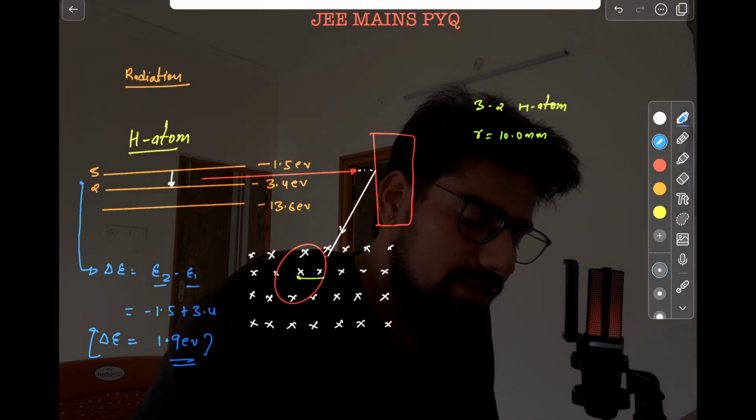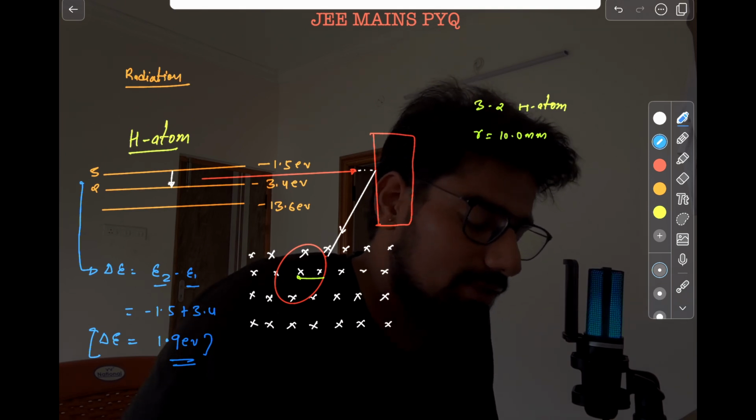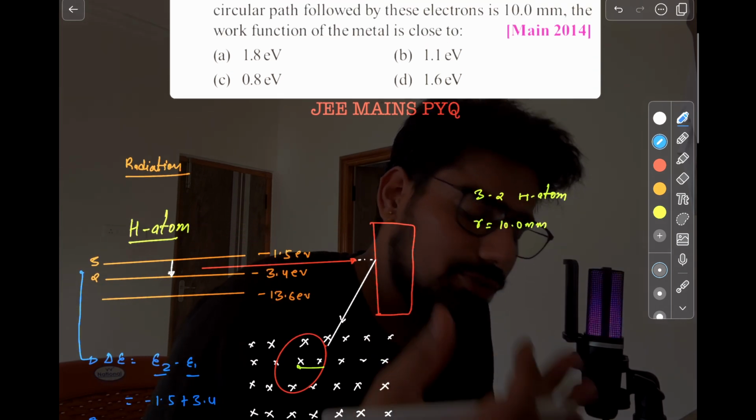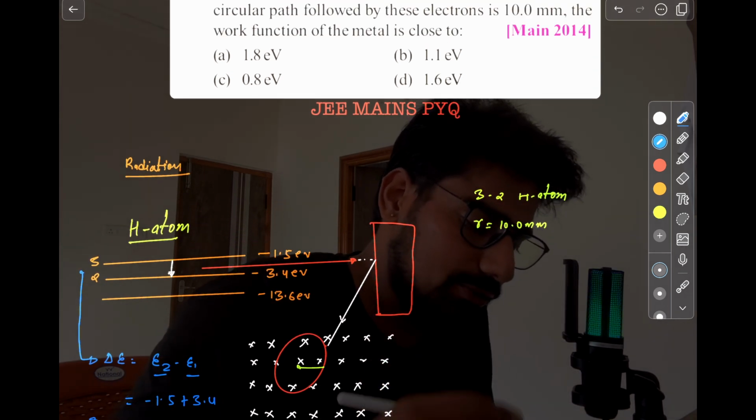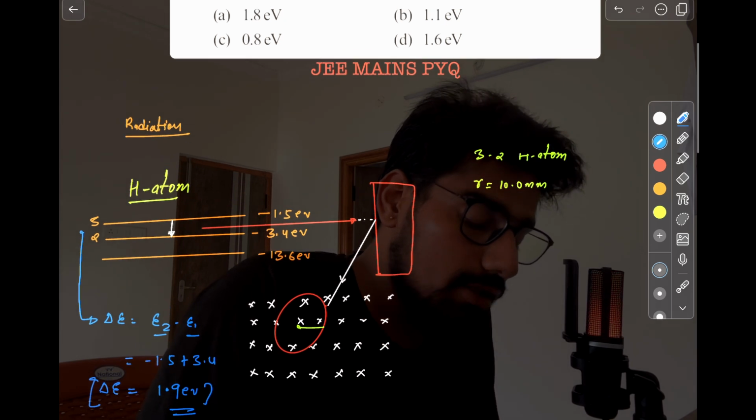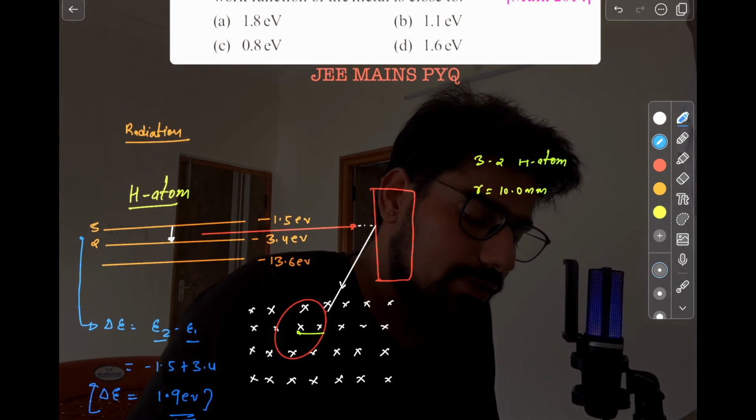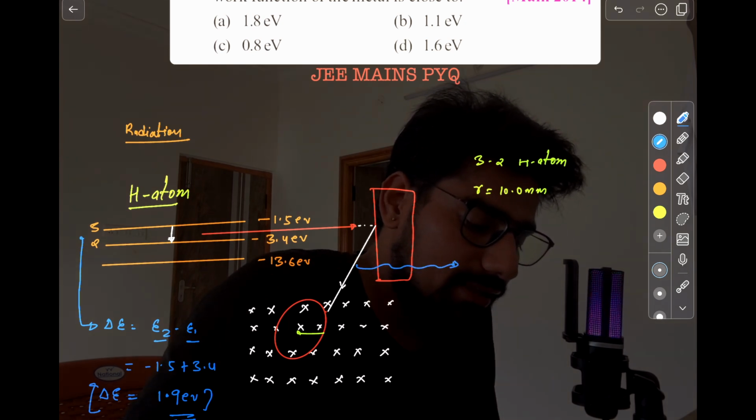Now when this photon falls on the surface, if the energy of this photon is greater than the work function, then only an electron will be emitted. In this question we need not think about that, because anyway the electron is emitted, so the work function should be less than this value, right? Now the kinetic energy of the emitted electron is given in terms of radius, right?